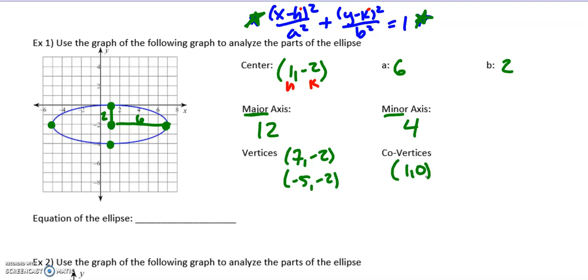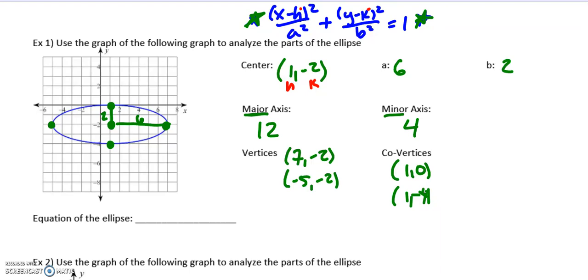And I'm going to have 1, comma, -4. So my vertices and co-vertices are points.